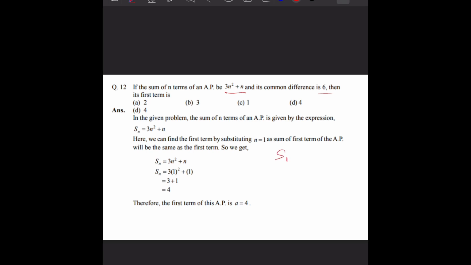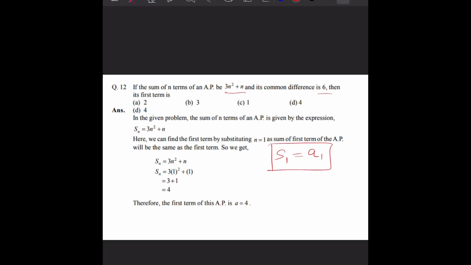Sum of first term is exactly equals to the first term itself. अगर मान लो कोई भी एक सीरीज है 2 4 6, अरे भाई किसी ने पूछा कि पहली टर्म की सम बताओ, अरे पहली टर्म की सम कैसे बताएंगे यार? पहली टर्म की सम मतलब द टर्म इटसेल्फ. ये बहुत इंपॉर्टेंट चीज है, आपको ये याद रखनी चाहिए. Sum of first term is equals to the first term itself.